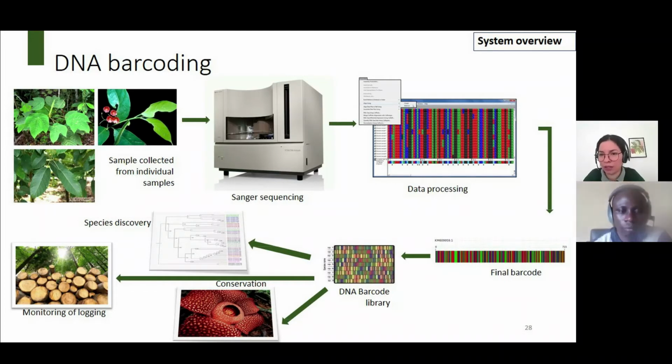Then you can align the sequences and assign each of them to sequences available in databases such as GenBank, where everybody who produces sequences linked to a specific organism uploads them. We can compare our sequences with these and identify the species just based on the molecular data.